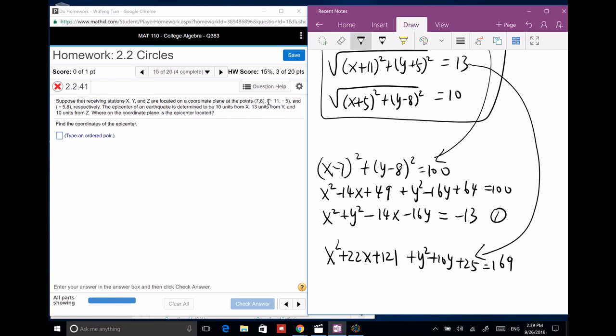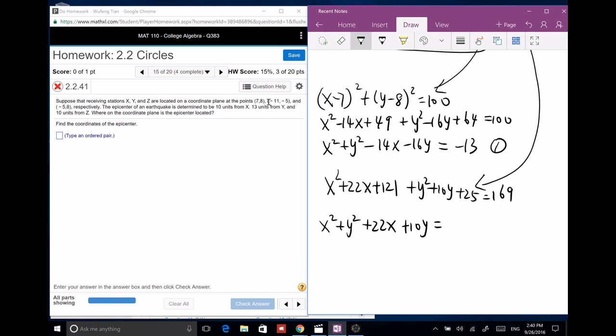So x squared plus y squared plus 22x plus 10y equals 169 minus 121 minus 25, which is 23. So you have these two equations.